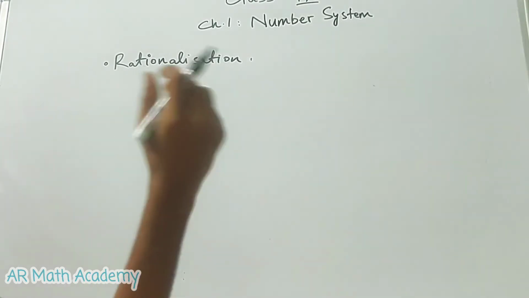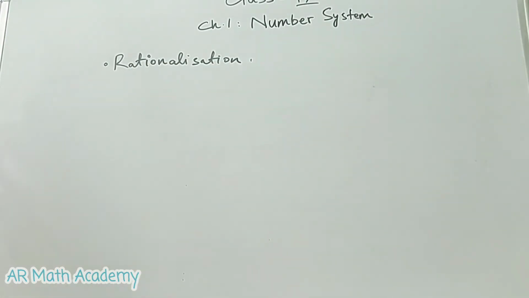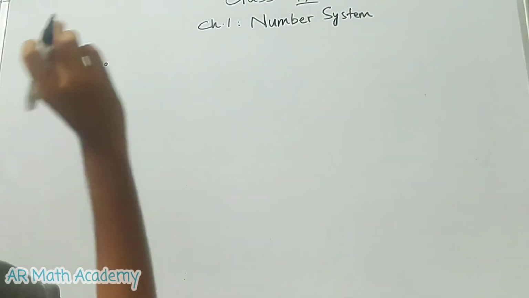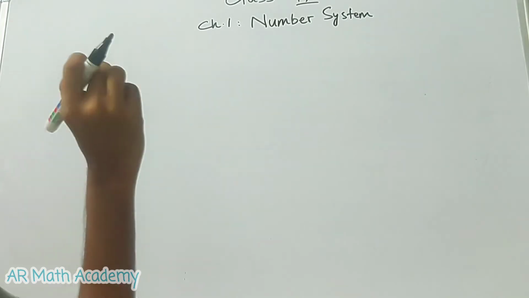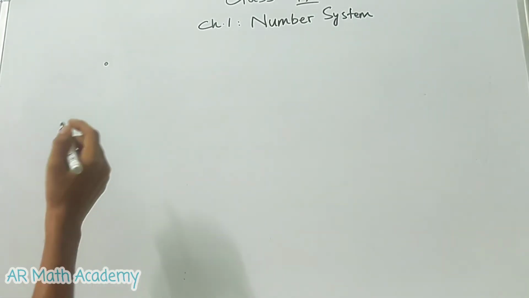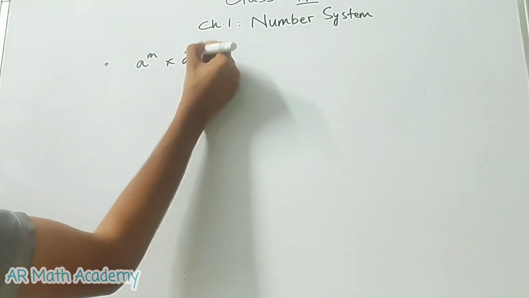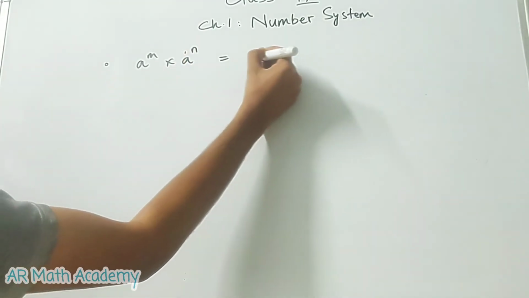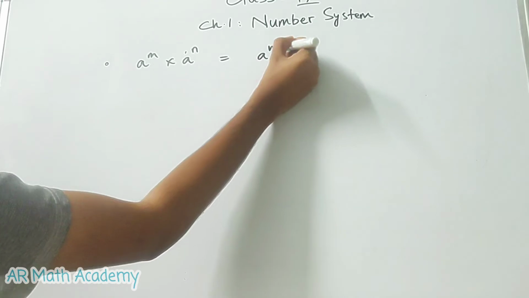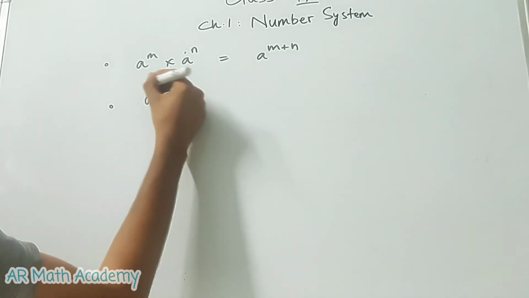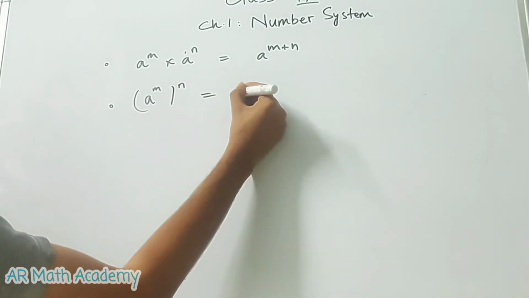Now, moving on to the next concept of this chapter, the next concept will be your laws of exponents. Now, there are a few laws which I have already studied. You can remember some laws, right? Like a power m times a power n equals a power m plus n. This is one law you have studied. A power m, the whole power n equals a power mn.